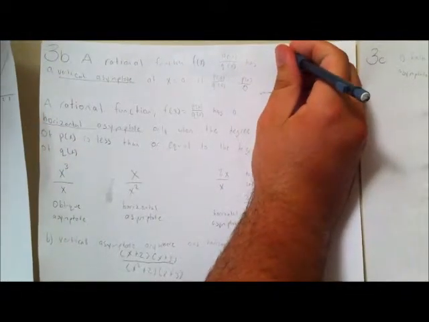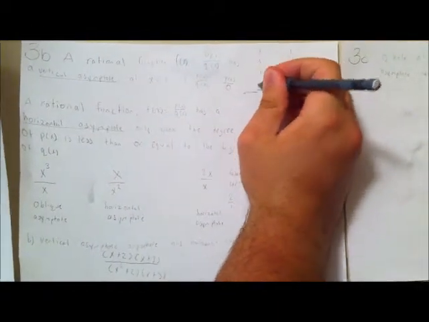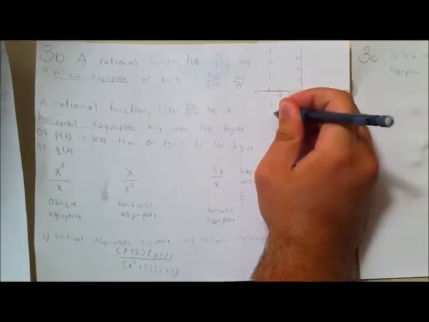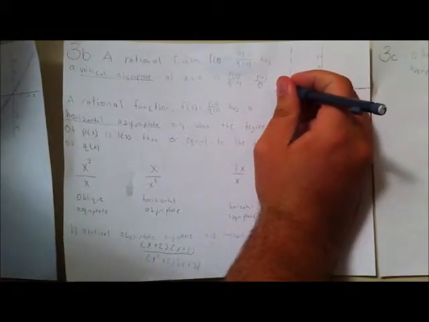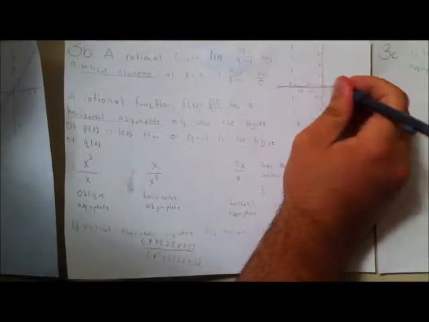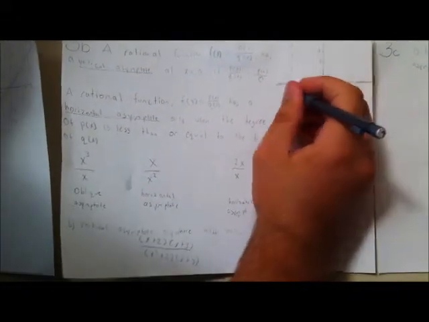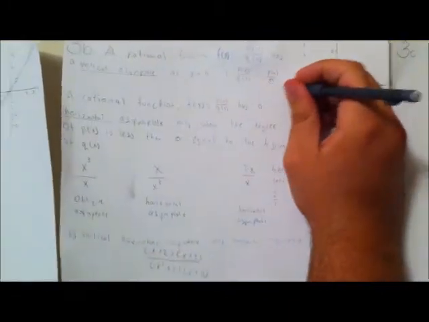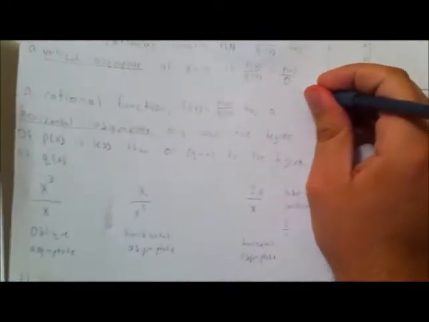Asymptote anywhere, and in this case it'd be negative 3, as written here. And then we have the horizontal asymptote, as explained earlier, with the lower degree being on top and the higher degree on the bottom, meaning it would be at 0. So our graph would look something like this.